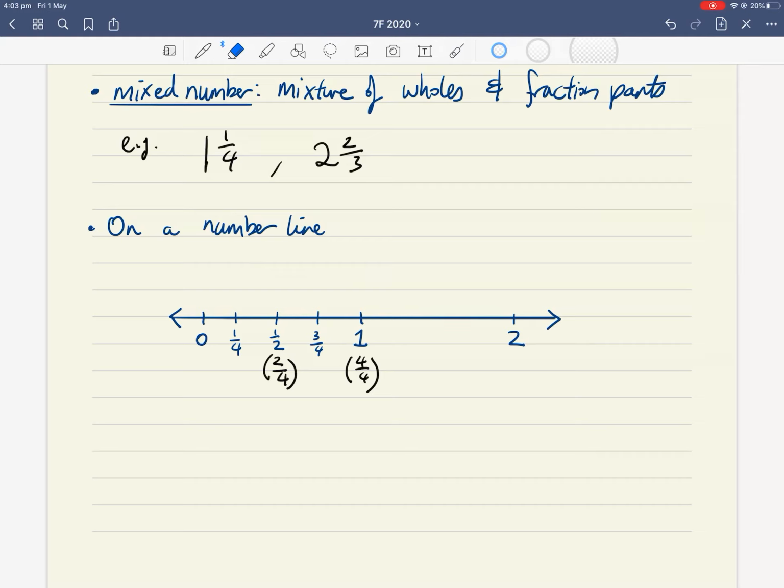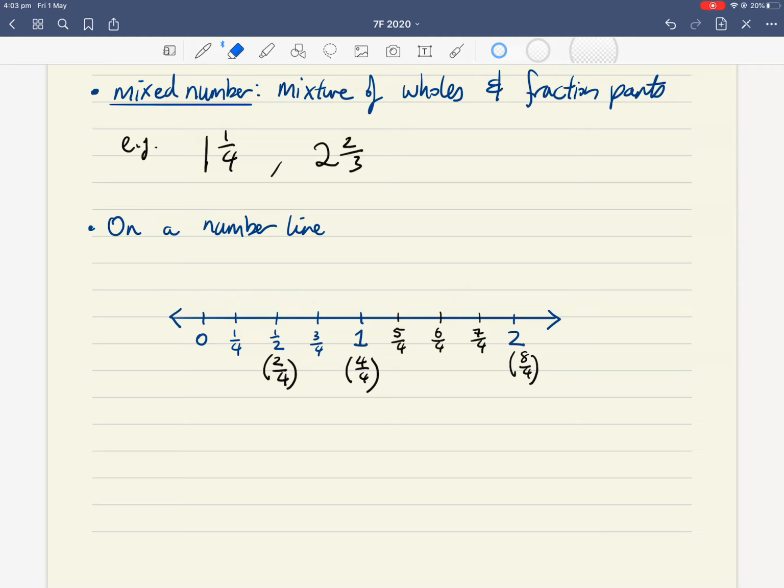And then if you keep slicing everything into quarters, so let's slice between 1 and 2, cut that in half again, and then cut that in half. Then after 4 quarters, you get 5/4. And then you get 6/4, and then you get 7/4. And technically 2 is 8/4 because you now have 1, 2, 3, 4, 5, 6, 7, 8 pieces together.